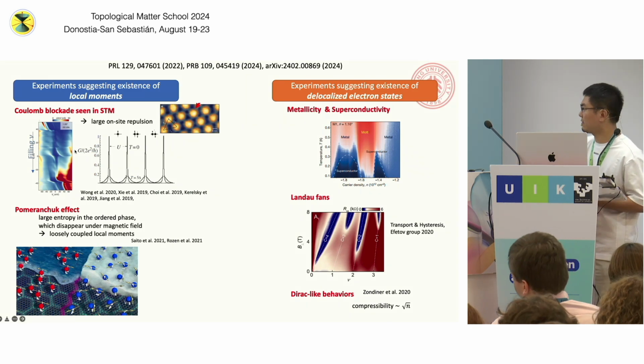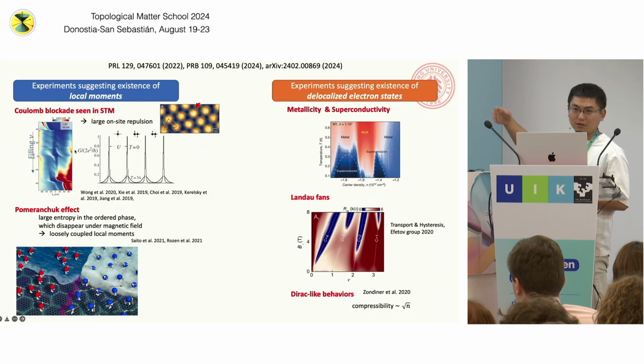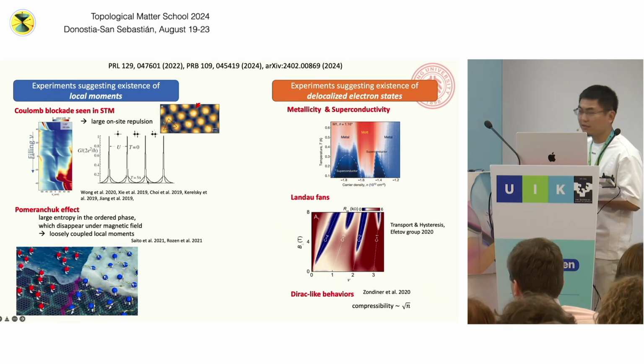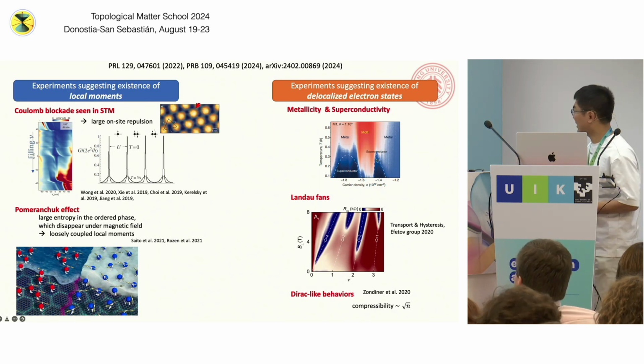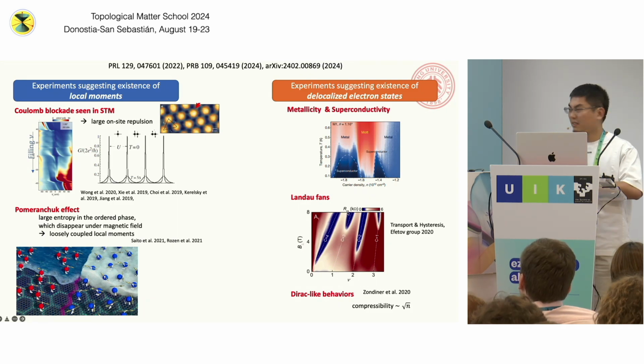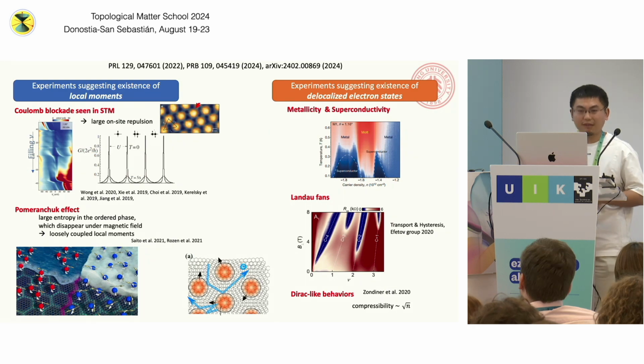The spectrum here looks quite similar to that of a quantum dot, so it reveals that the correlation is very local. But some others reveal delocalized electronic states, like the superconductivity and the topological states. So I think the simplest phenomenological model to describe this system is a heavy-fermion-like model, which consists of some local degrees of freedom and some delocalized degrees of freedom.